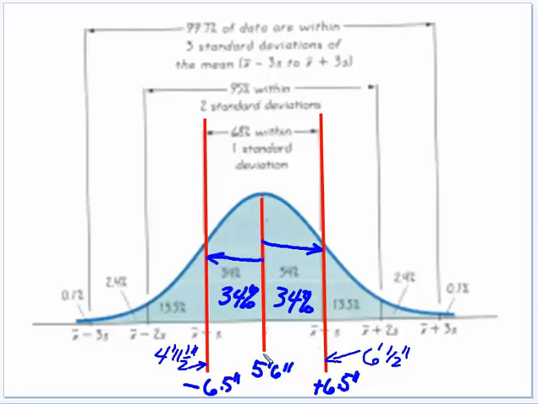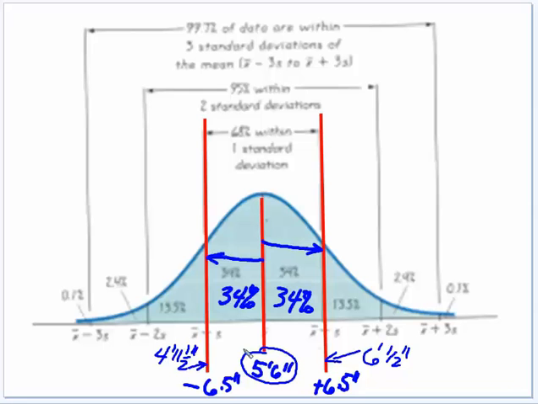So if we had an average height in our school for students in the high school of 5 foot 6, and we did our calculations with a good sample, we would come up with a standard deviation of 6.5 inches. Okay? So plus 6.5 inches means we would get up to 6 foot 1/2 inch.